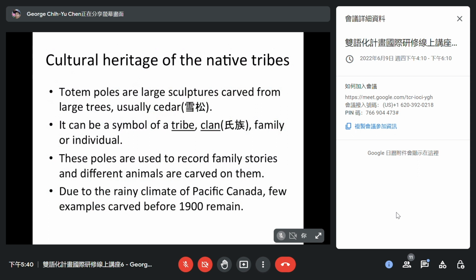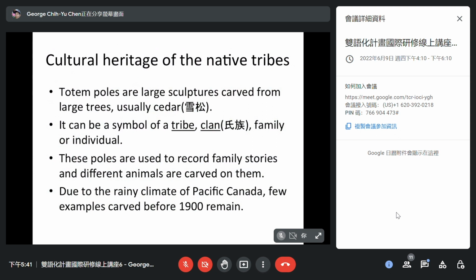The function of these poles is to record family stories, and different animals are carved on them.